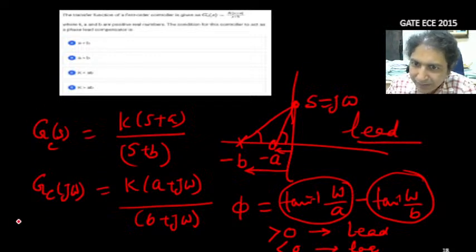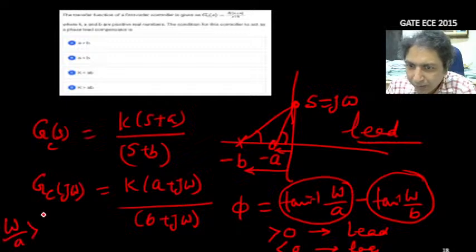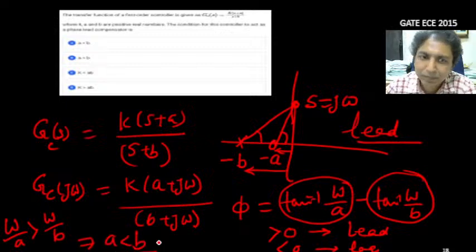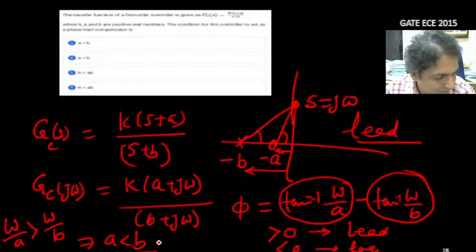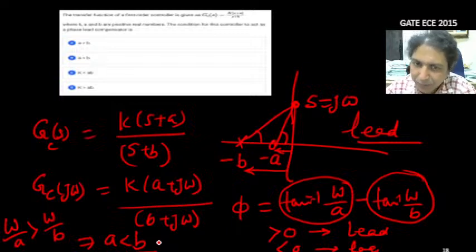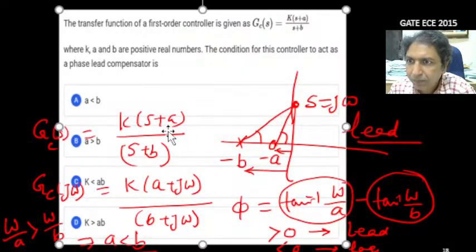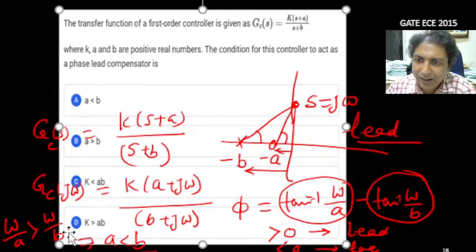Meaning I can say that omega by A should be more than omega by B, that implies A less than B. Correct. If A is less than B, it will give you the lead compensator. Good. You have got the concept. So the answer A less than B, the answer A is correct.